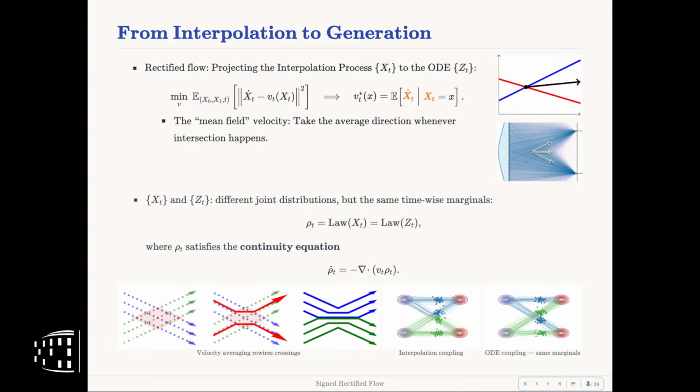Because of this, it's a valid generative algorithm because you will get the same distribution as you have from the original interpolation process, right? And the underlying reason is this important continuity equation that characterizes the marginal distribution of the stochastic process given the expected velocity field, right?